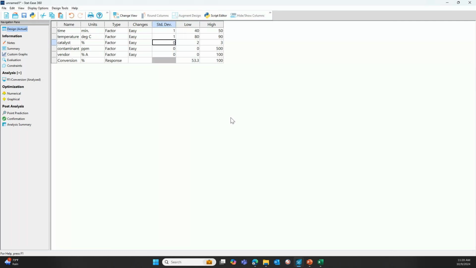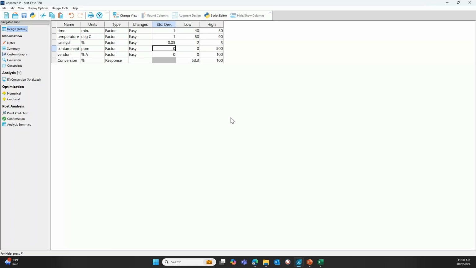And the catalyst percent: I take a look at how I'm metering that in, and I reach the conclusion, based on the specs for the meter and the flow rates involved, that it could be 0.05. So the hardest part of this is really you and I, with our process knowledge, being able to make appropriate estimates for the standard deviations that would be expected.